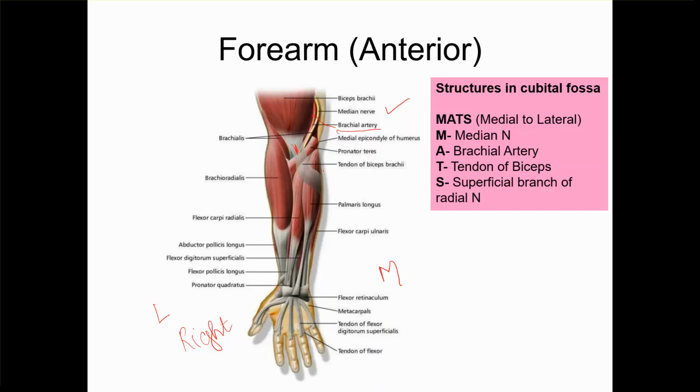And then there is also a nerve, not seen here, which is the superficial branch of the radial nerve. So this is the MATS arrangement: median nerve, brachial artery, tendon of biceps, and superficial branch of the radial nerve.